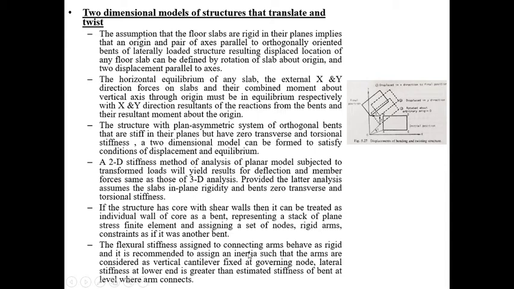So the rigid arms should be assigned flexural stiffness, the inertias, such that they are considered as vertical cantilevers fixed at the governing node, and the lateral stiffness at the lower end will be greater than the stiffness estimated where the arm is connected.